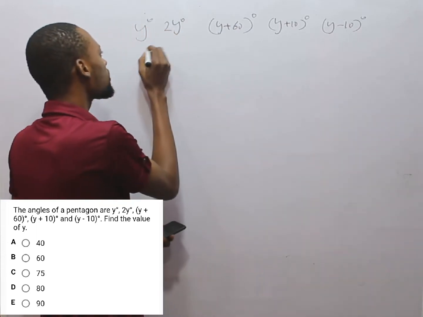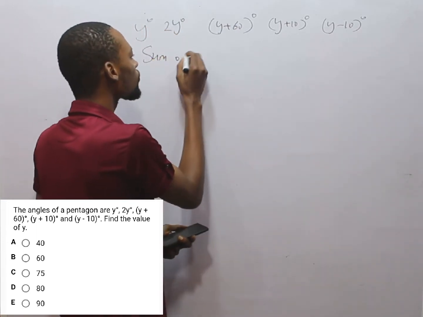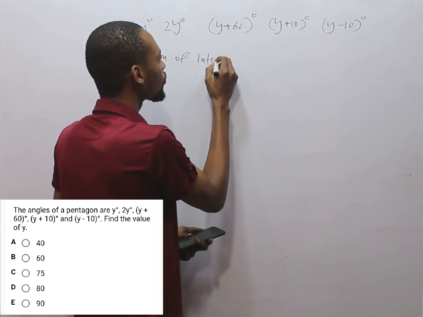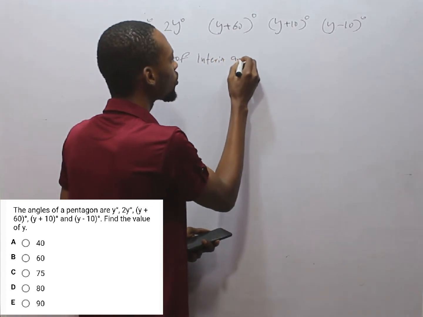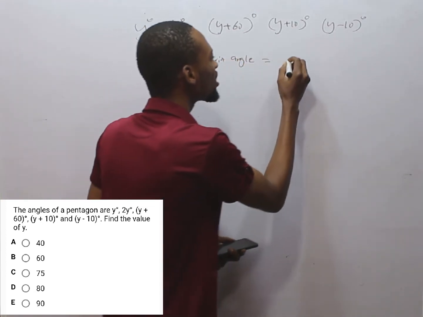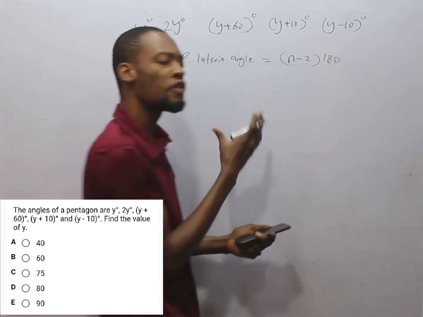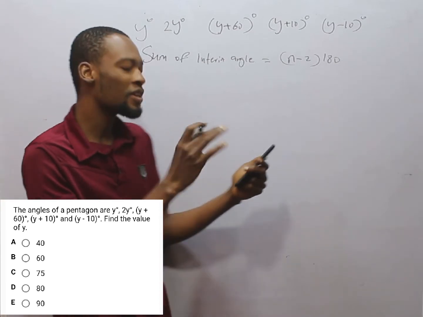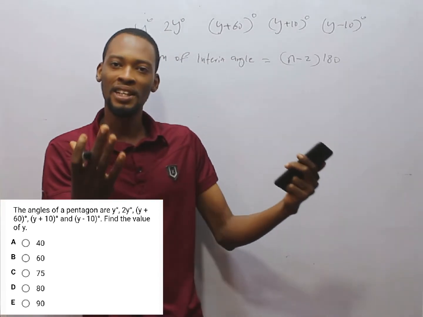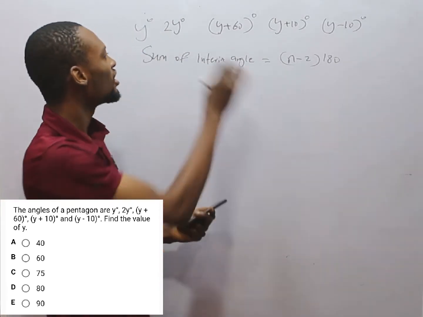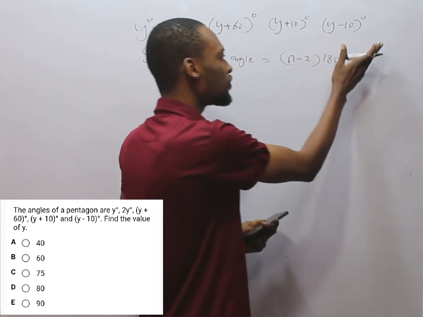Now, the sum of interior angles of a polygon is equal to n minus 2 times 180. This is the formula for calculating the sum of interior angles of a regular polygon. Now, these are the interior angles of the polygon.